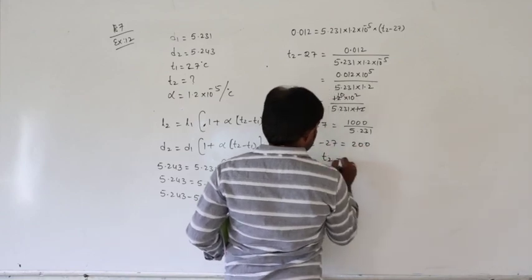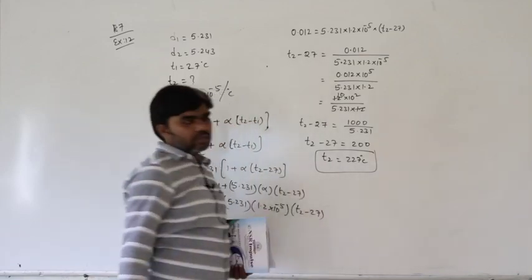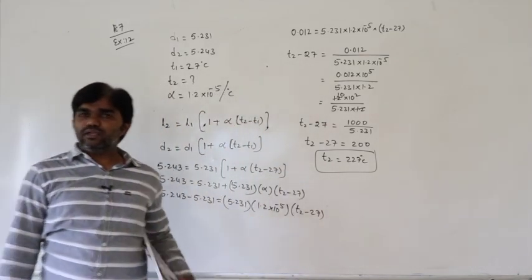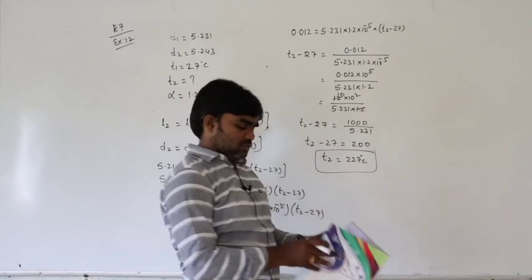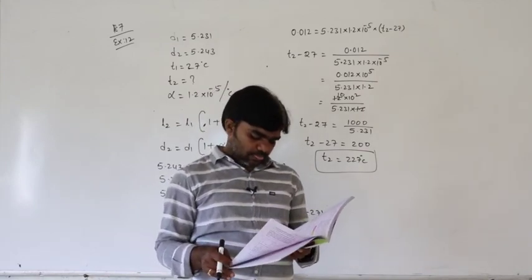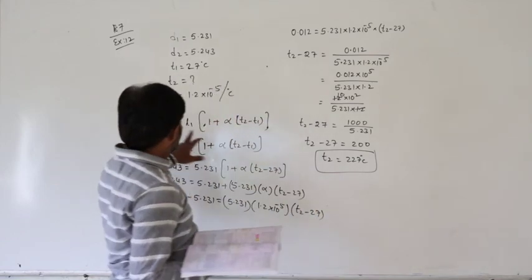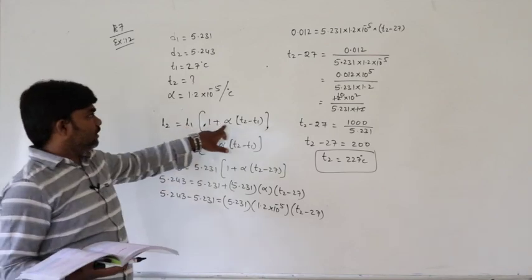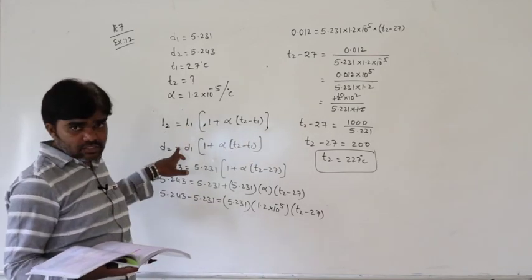So T2 is approximately 227 degrees Celsius. That means the iron ring should be heated up to a temperature of 227 degrees Celsius, approximately. We know the formula L2 is equal to L1 into 1 plus alpha into T2 minus T1, and in place of L I am considering D.